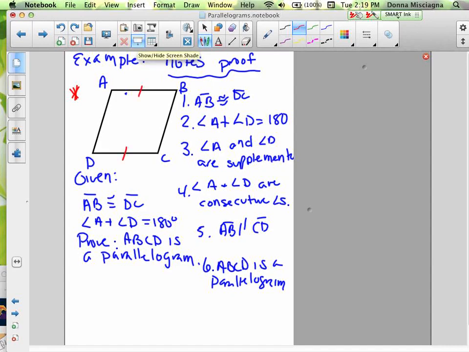Angle A plus angle D equals 180. Now I will tell you this is very similar to a homework problem on the last page. So now if you take notes on this, you can use this to help you with yours. All right. So we have AB is congruent to DC, angle A plus angle D is 180.